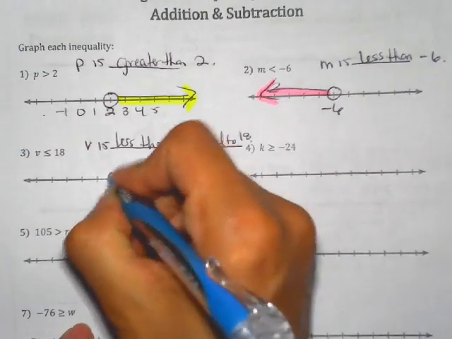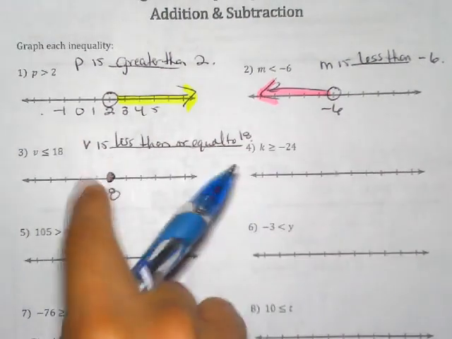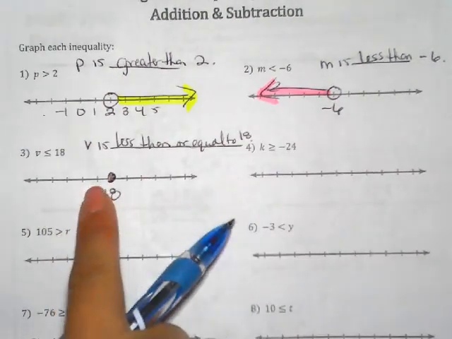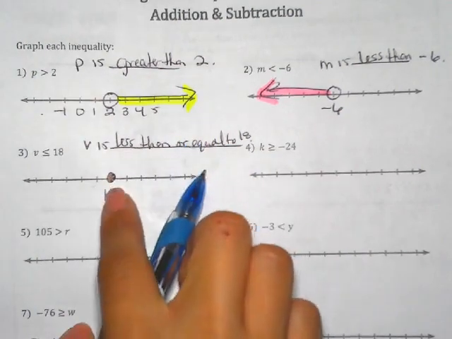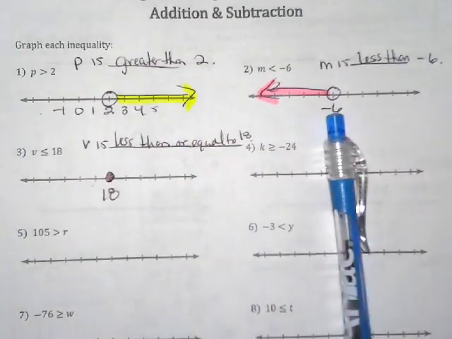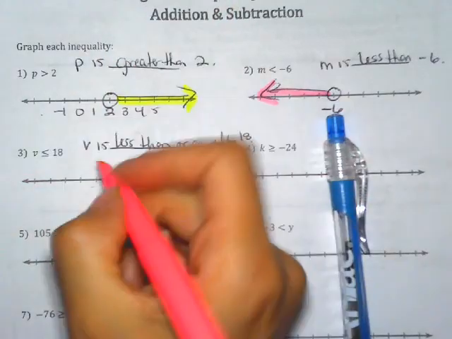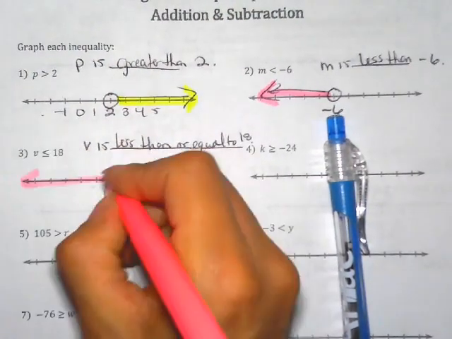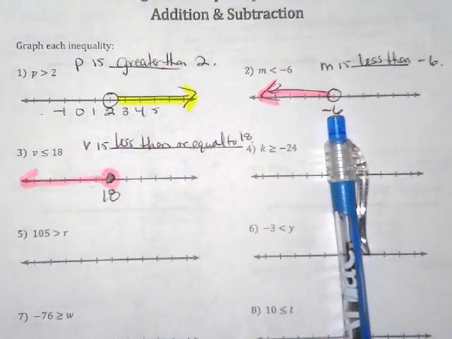Close, right? Equal to, that means it includes the 18. 18 would make the inequality true, but anything less than 18 would also make the inequality true. So for sure you want to color this one in.